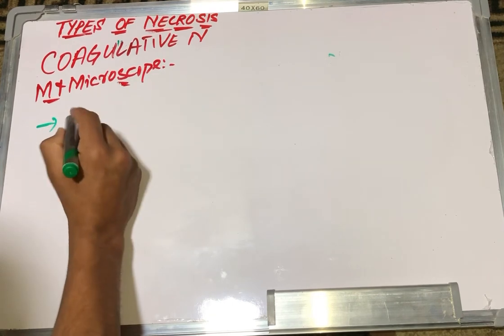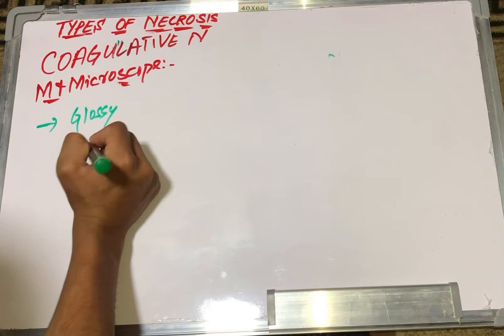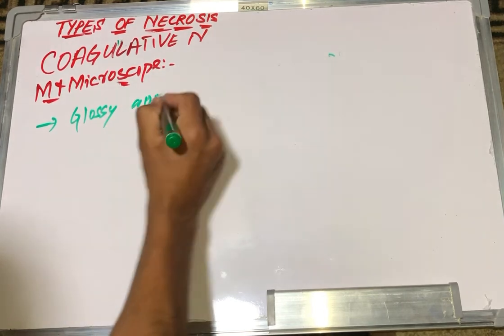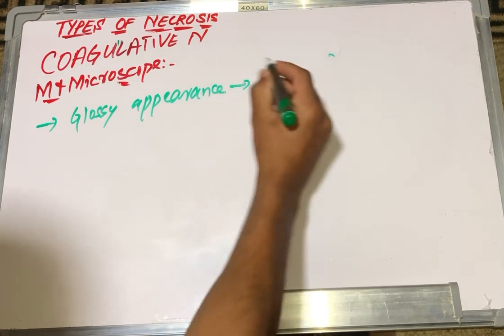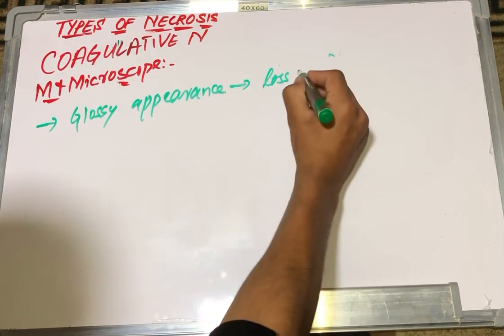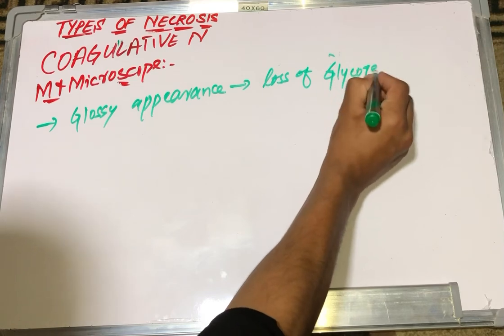It has a glassy appearance under the microscope. This is because of loss of glycogen.